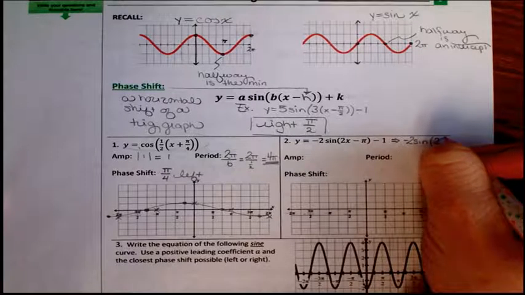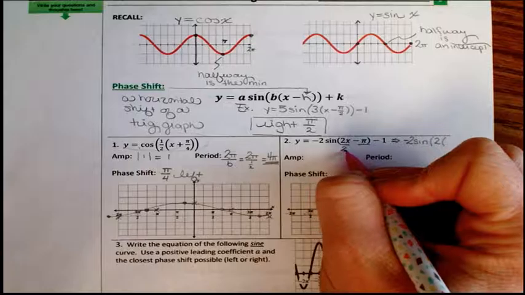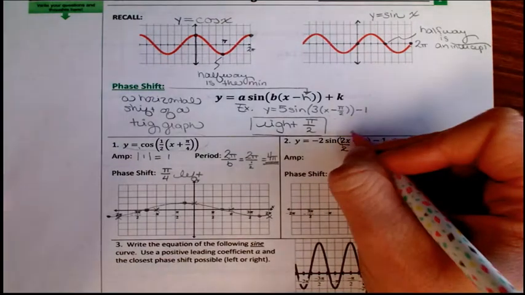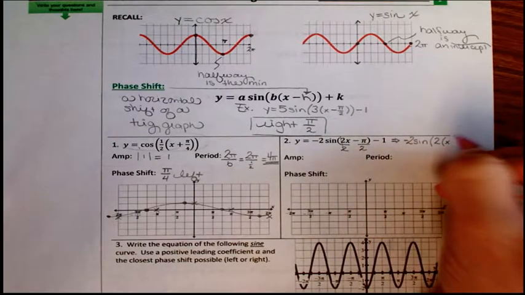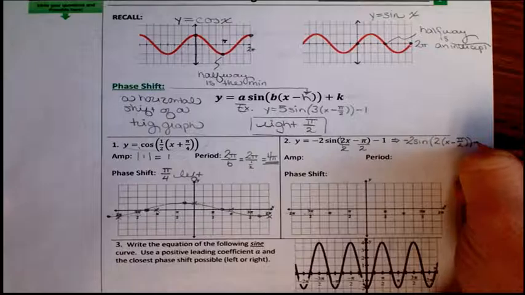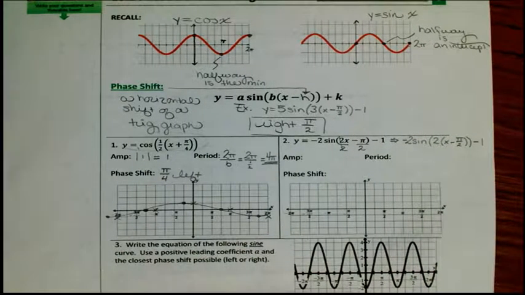Now let's factor out that 2, meaning I'm going to divide both of these terms by 2. When I do that, 2 divided by 2 is just going to leave me the x value. And when I divide pi by 2, that just gives me pi over 2. And then don't forget that vertical shift of 1 there at the end.